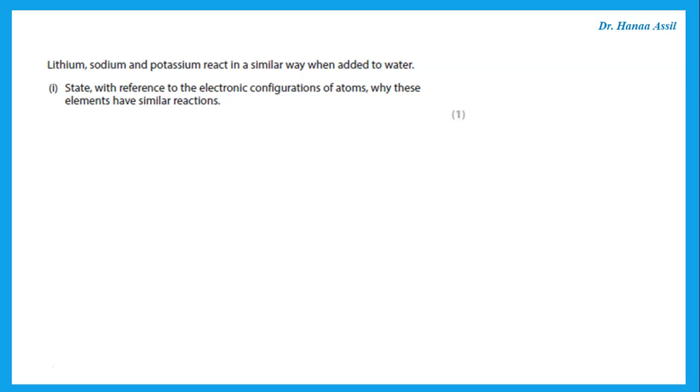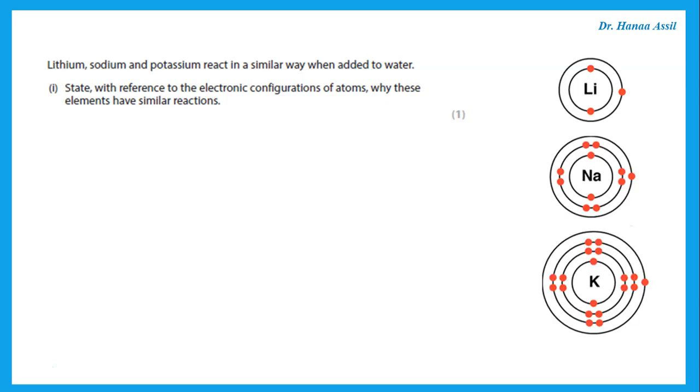Lithium, sodium, and potassium react in a similar way when added to water. The question is, state with reference to electronic configuration why these elements have similar reactions. We said everything in group 1 does similar reactions. Anything in group 2 will be similar to each other and so on. Why is that?